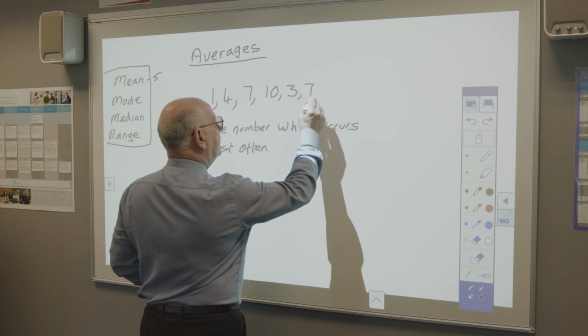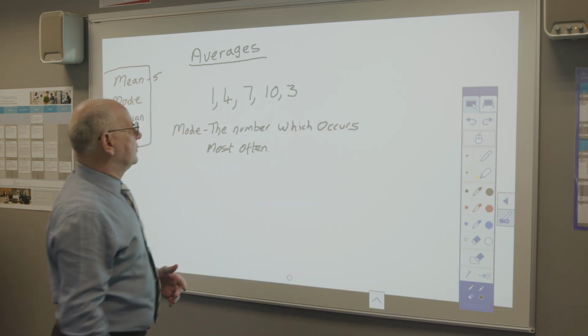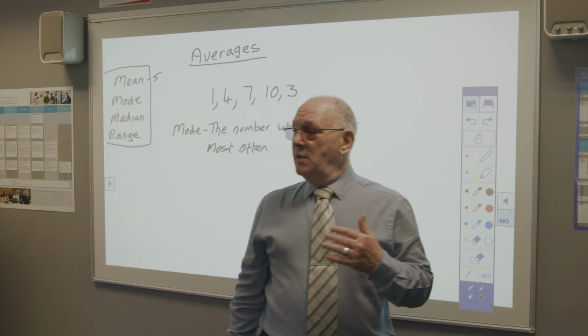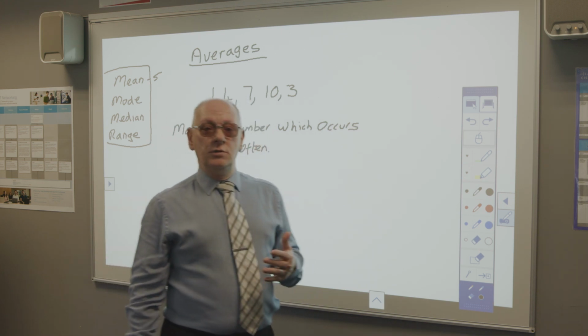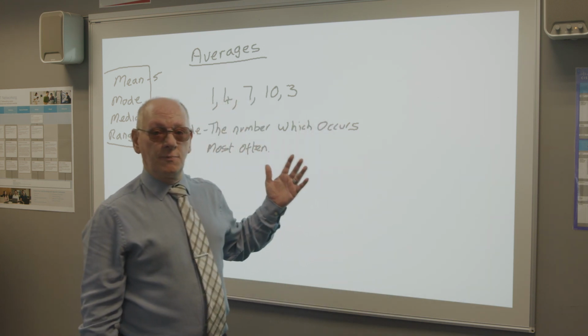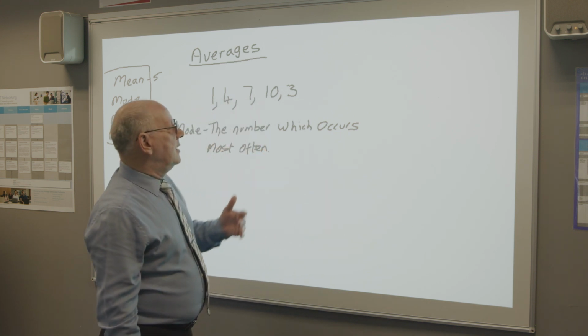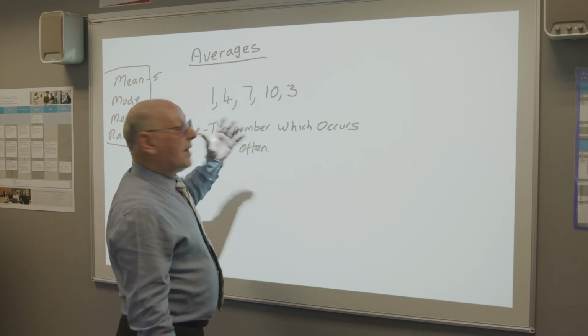Now, the important bit, we'll go back to our original list so that we know where we are. The important bit about this is, especially at level 2, there may not be a mode in your list of numbers. There might not be one number that occurs more than any other. Don't try to make one up.